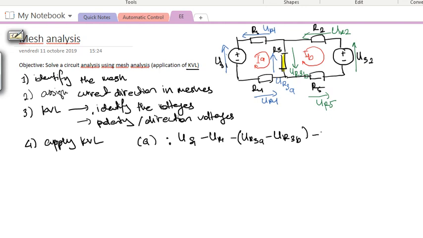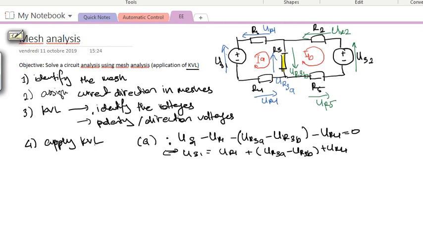And then finally you have minus UR4 equals 0, right? If we rewrite everything, putting the power supply on one side and other voltages on the other side, you will get US1 equals UR1 plus UR3A minus UR3B plus UR4, right?